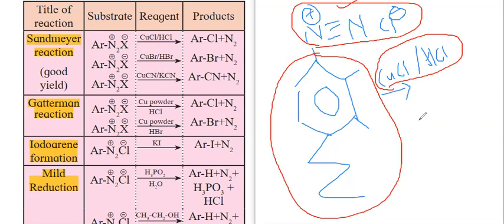We will see that also, but keep in mind the reagent. Don't look at the aromatic group, just look at the diazonium group and the reagent given. Now what will be the product? There is a simple displacement of this diazonium group with Cl.